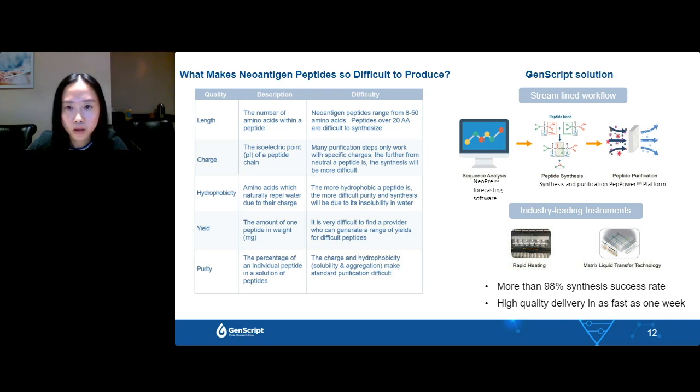Then we will synthesize and purify them under the PepPower platform. We also have industry-leading instruments to ensure we can provide more than 98% synthesis success rate, and high quality products as fast as 1 week.